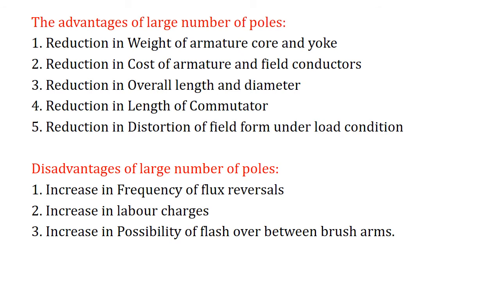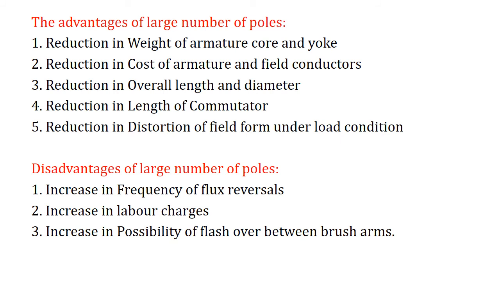So this is a consolidated list of points. These are the points which are to be remembered if you are asked to write the advantages of larger number of poles or disadvantages of larger number of poles. First is advantages.